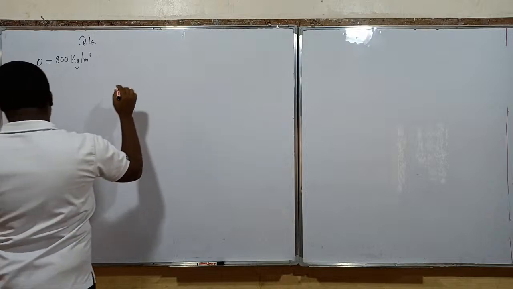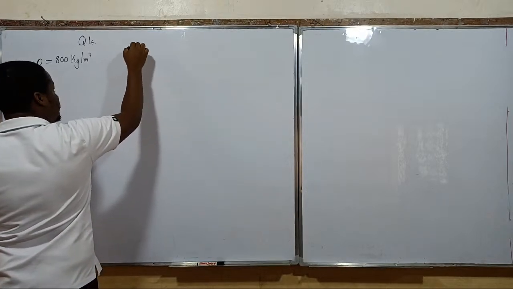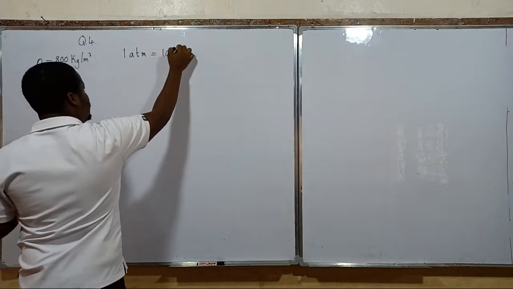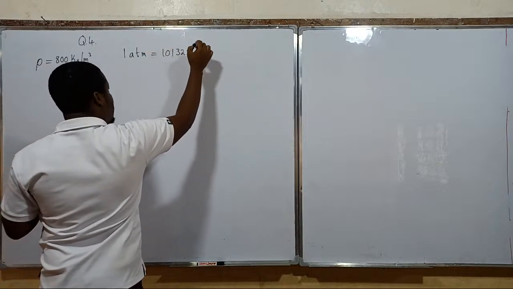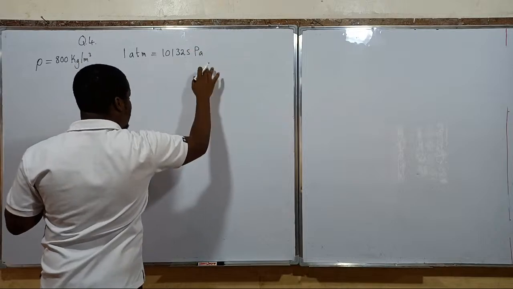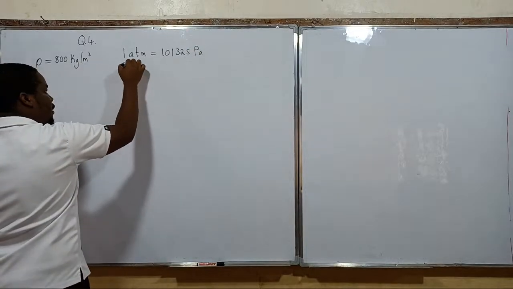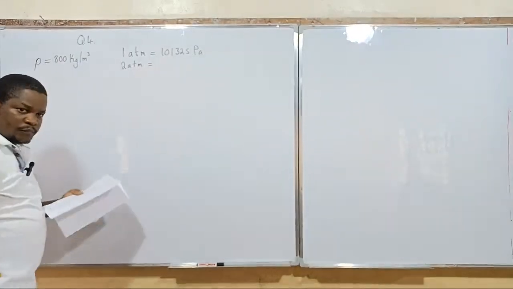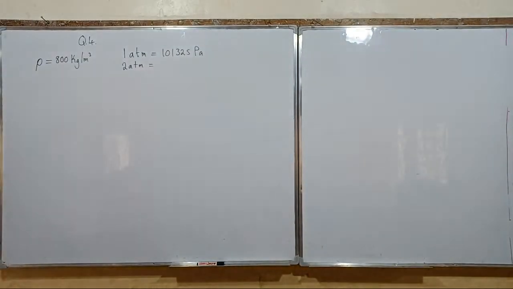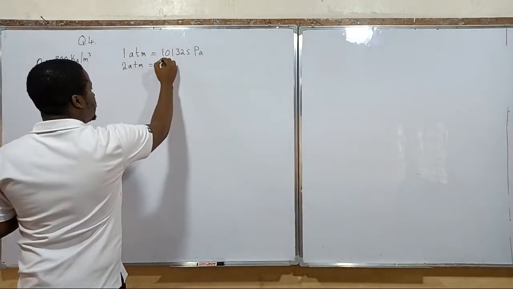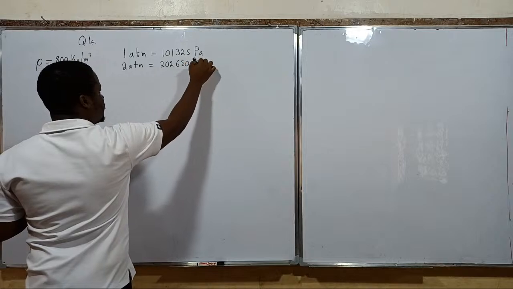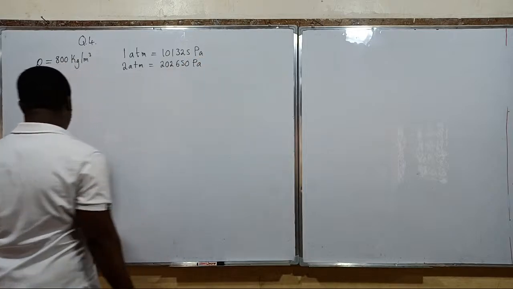Now here's what you need to know. 1 atm is equivalent to 101,325 pascals. Meaning that 2 atm is equivalent to, just multiply this value by 2. What do we get? 202, 650 pascals. So that 2 atm is equivalent to that value.